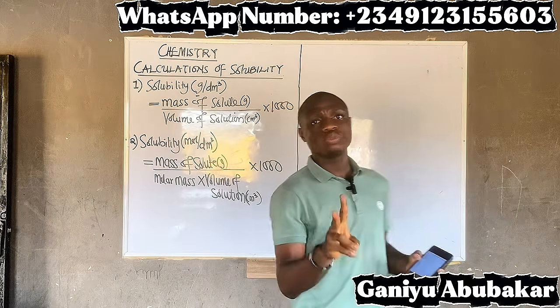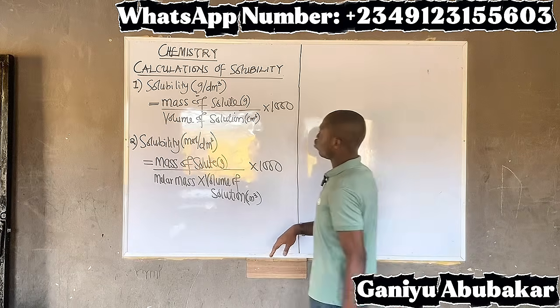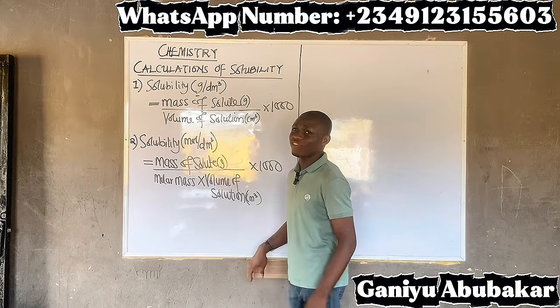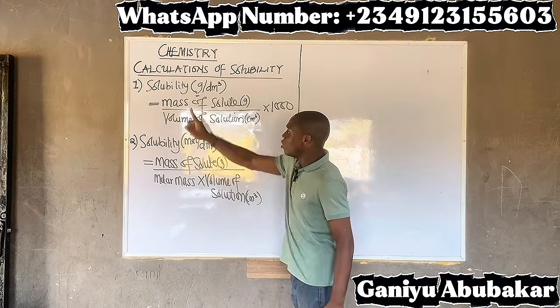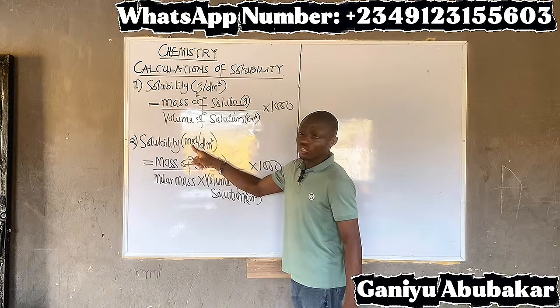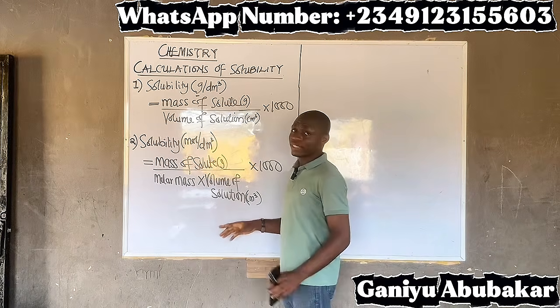These are the two mathematical expressions for solubility. In case the masses in your question are given in gram, apply the first formula, or if they are given in mole, apply this formula.